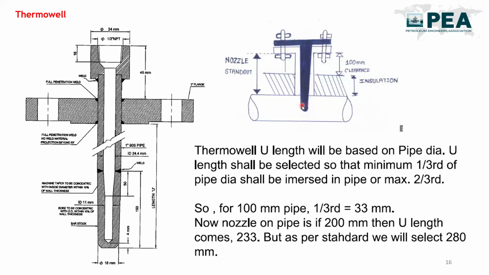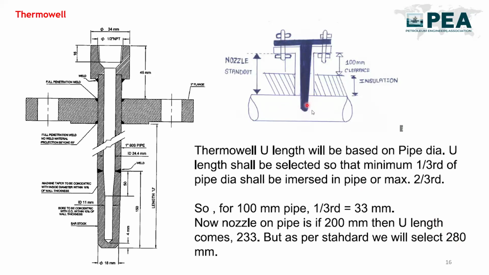But in general, clients don't want to select the thermowell with different lengths for different pipe sizes. In a standardized form, if we talk about Indian or EIL standards, EIL specifies a standard U length for the thermowell: for 4 inch to 6 inch pipe diameter, up to 280 mm.